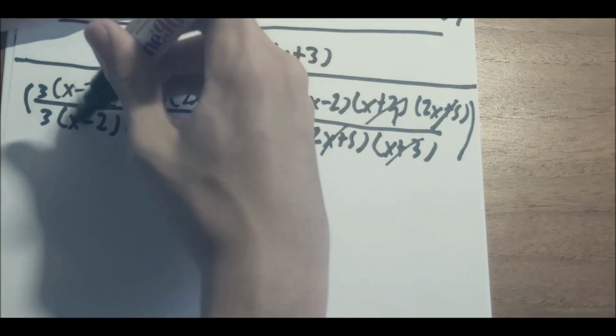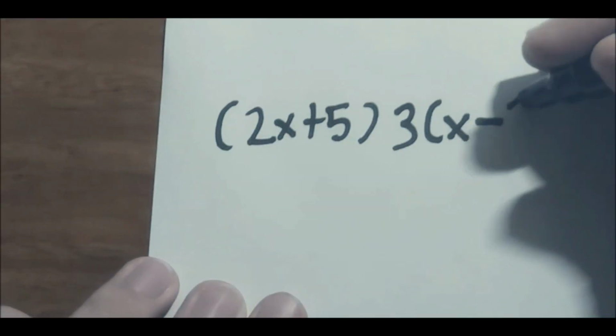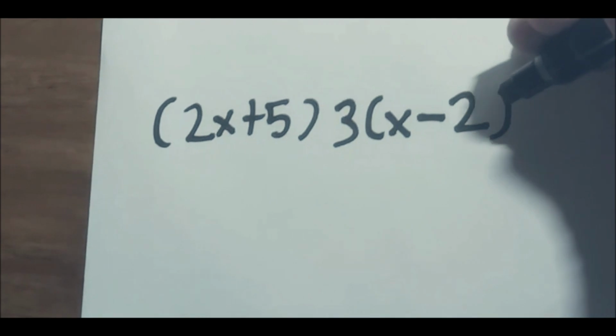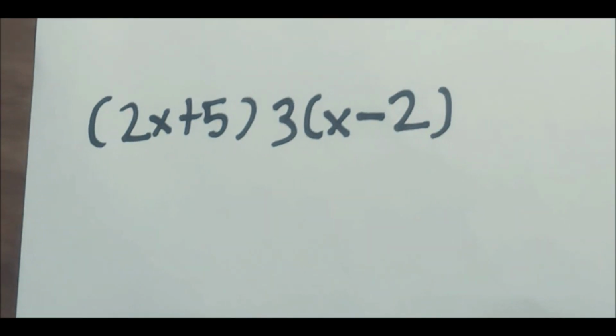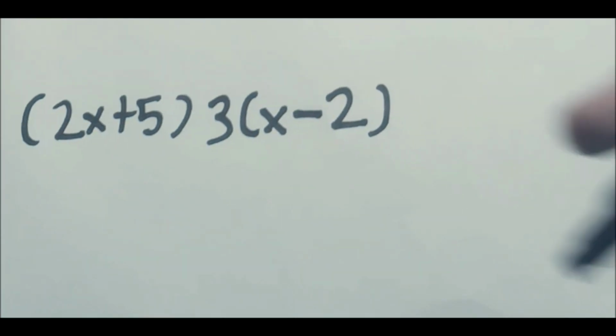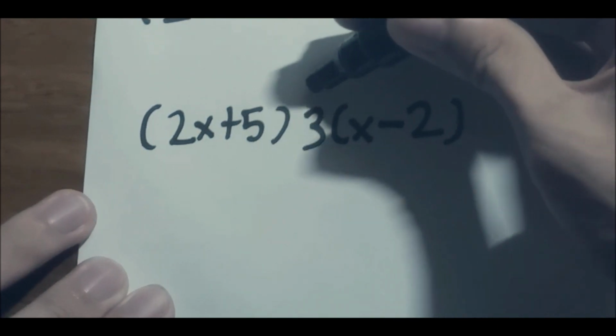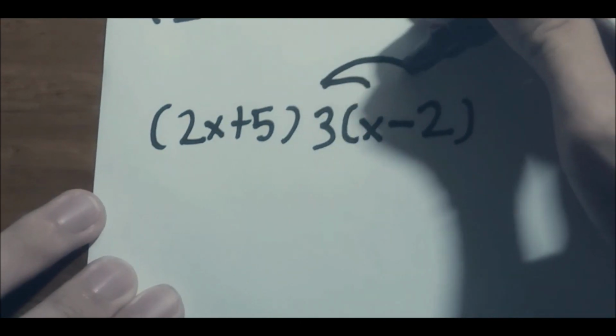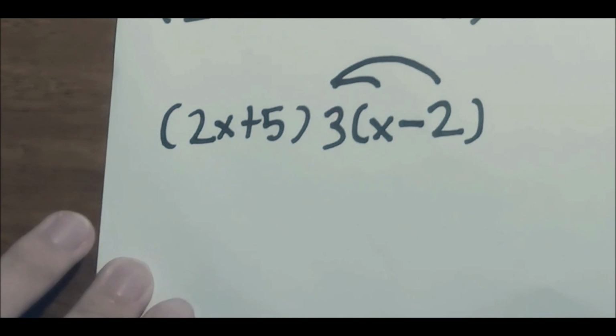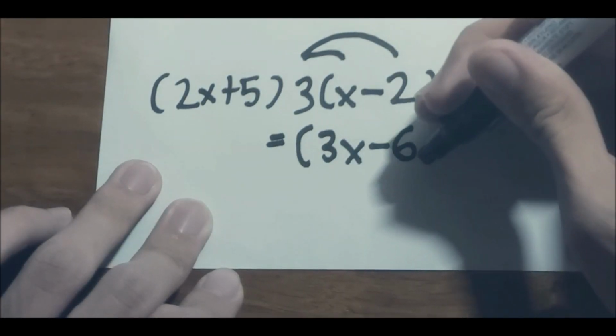After dividing the GCF to the denominators, the quotients are 2x plus 5 and 3 multiplied by x minus 2. Before multiplying the numerators by the quotients, first distribute 3 to x minus 2. The result to that is 3x minus 6.